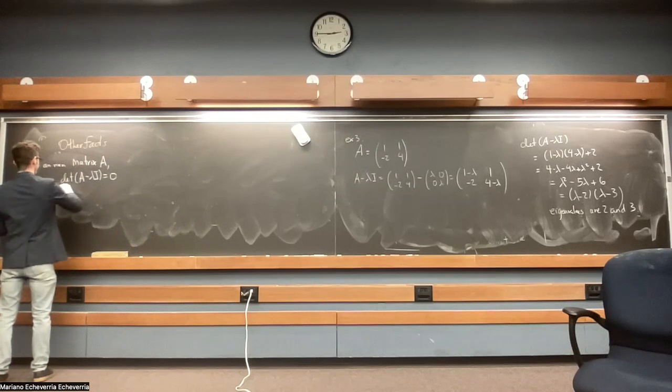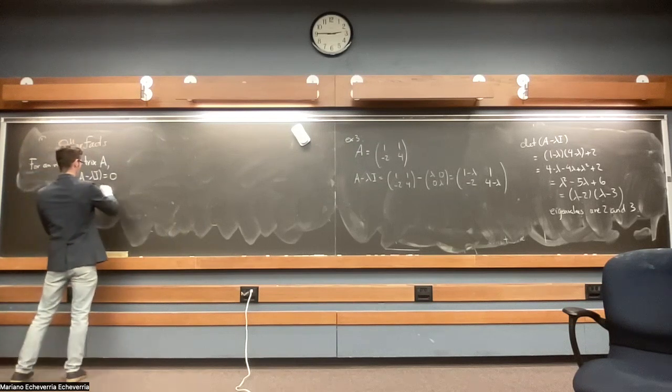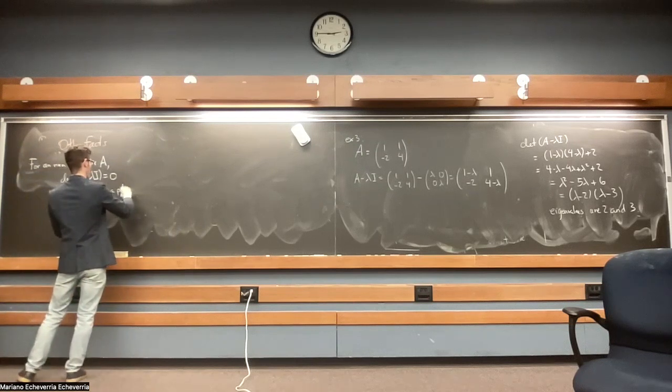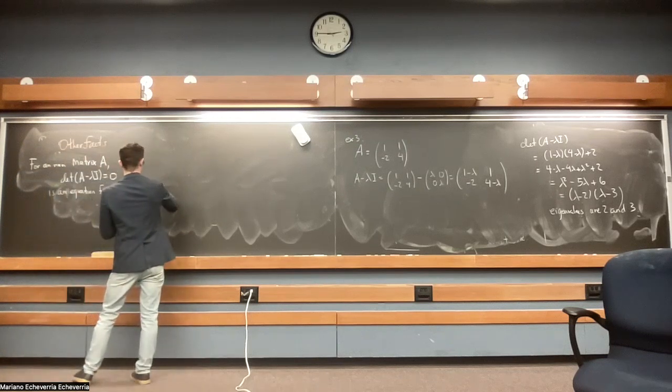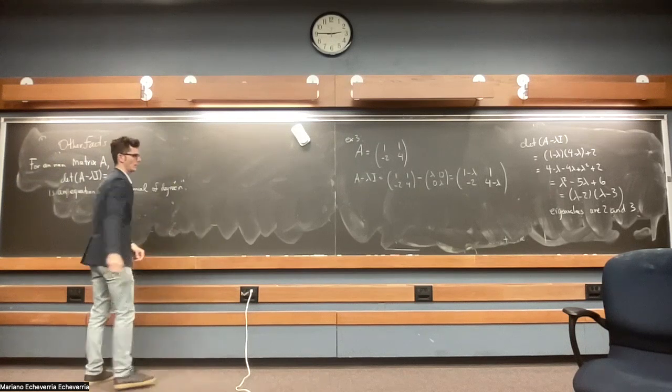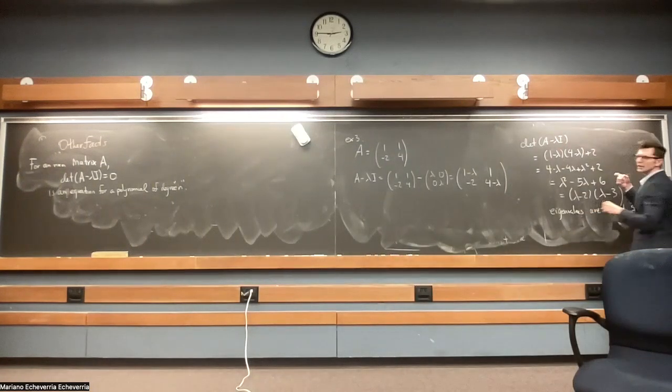So this means that for the 2 by 2 case, you will get a quadratic polynomial. For a 3 by 3 matrix, you will get a cubic polynomial. For a 4 by 4 matrix, you would get a quartic polynomial. And after that, I don't think there are special names for the others.